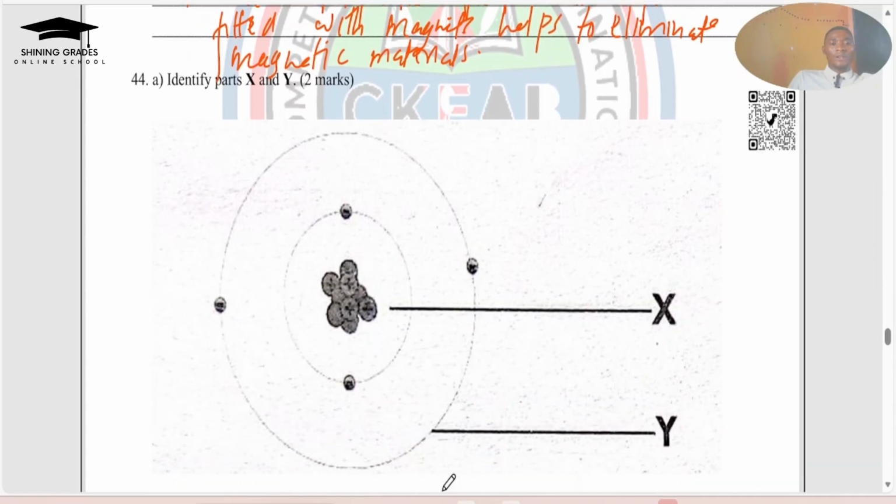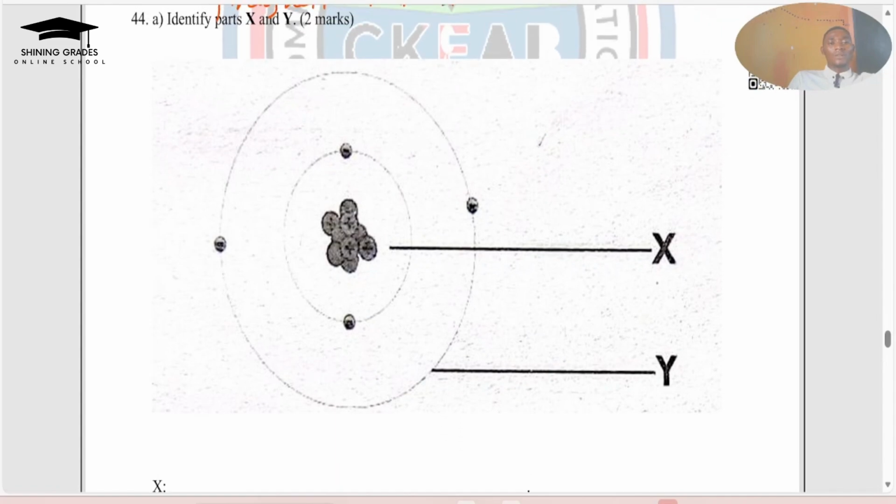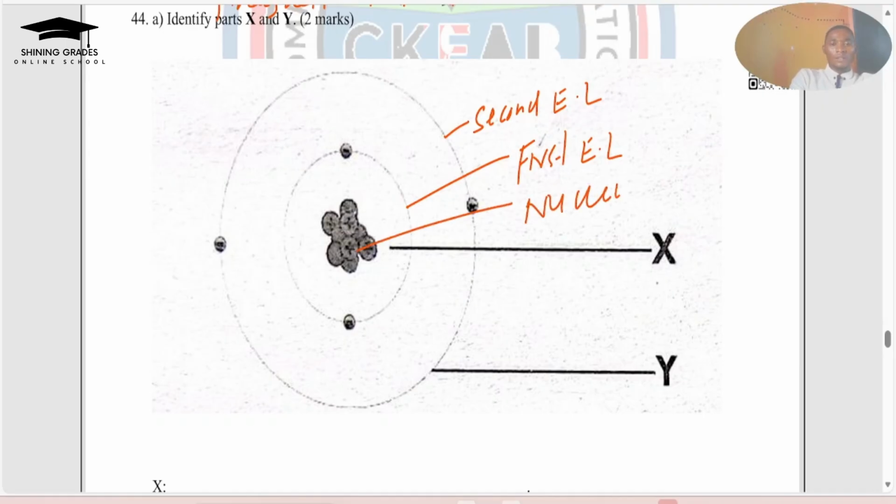Question 44. Identify parts X and Y. Again, we have the structure of an atom, where you can see this is the second energy level, this is the first energy level, and then we have the nucleus, where we have the two subatomic particles, protons and neutrons.